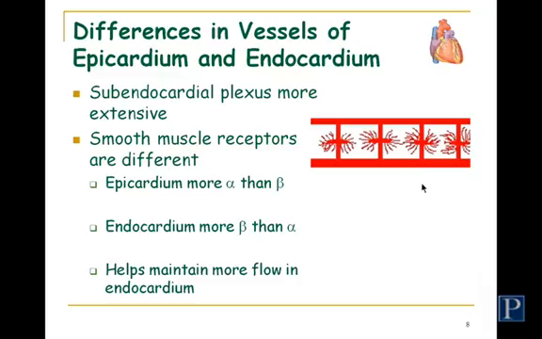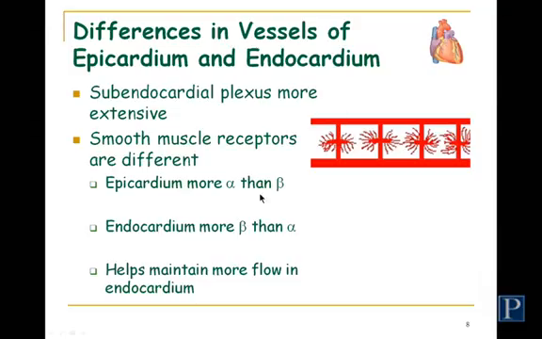There is a different arrangement of receptors within the vessels, plus the subendocardial plexus is more extensive than the epicardial. So we try to depict it by having this a little bit wider. It will help to somewhat compensate for the fact that the subendocardial plexus is always going to have that external compression on it during systole, to try to get it a little more blood flow than it normally would.